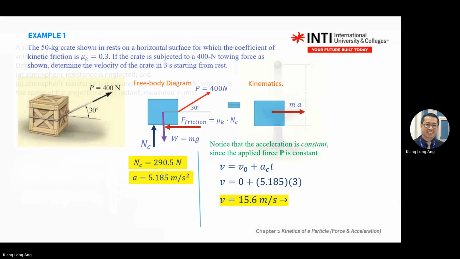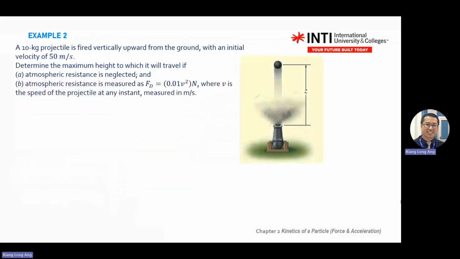Okay. Let's look at number 2. It tells you to fire a cannon from the floor vertically upwards, and the cannon ball is 10 kilogram. So in this case, you know already this is a no contact kind of question.